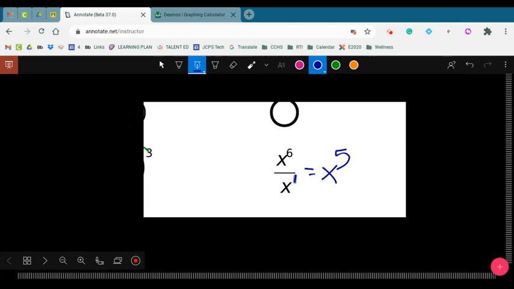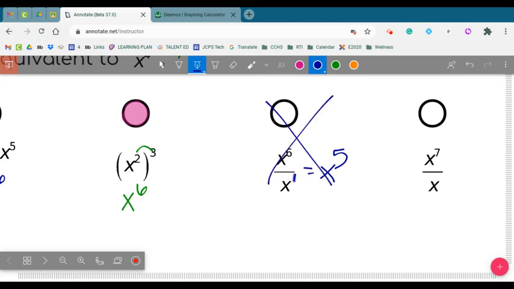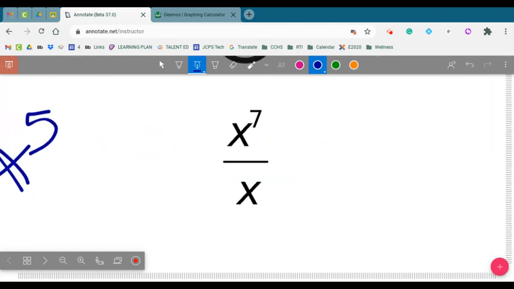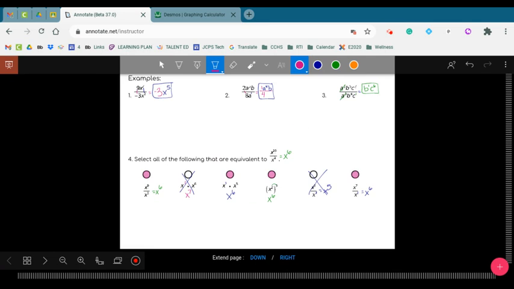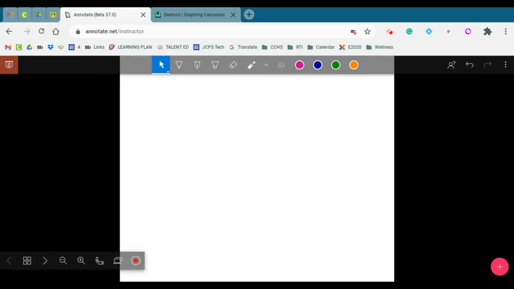So that one is not a possibility. The next one, I'm going to have 7 minus 1, and that is going to give me x to the 6. So that one is a possibility. Okay, so that is the quotient rule. We are just subtracting. Okay, let's go to the back page.